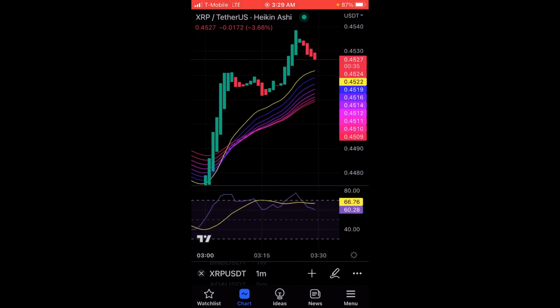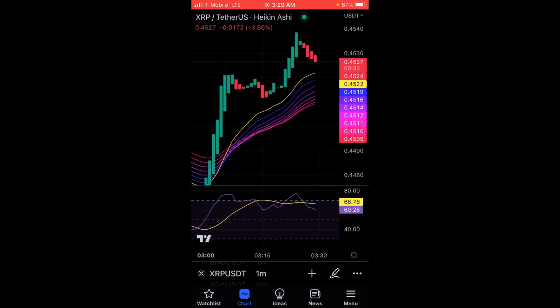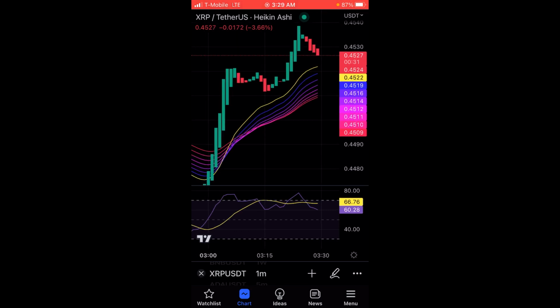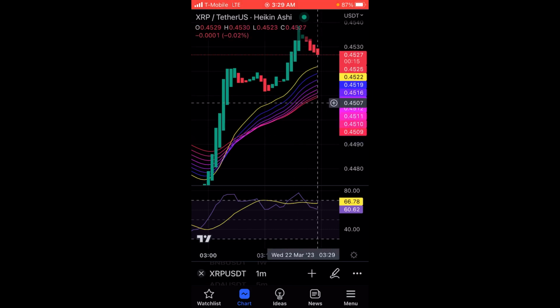Like I said, you use the rainbow strategy as a way of just seeing what direction everything is going. So we can tell that on the 1 minute the trend is going up currently. It will not be in a downtrend until the 20 EMA goes down here. It is in an uptrend right now on the 1 minute.